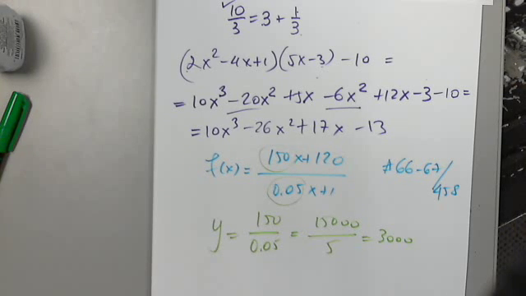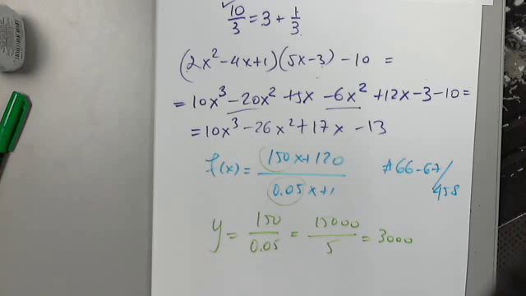That's what the functions do eventually. So how much? We initially started with 120, and eventually, as time goes by indefinitely, the number of fish will increase to 3,000. Exactly. That's the meaning of the horizontal asymptote.